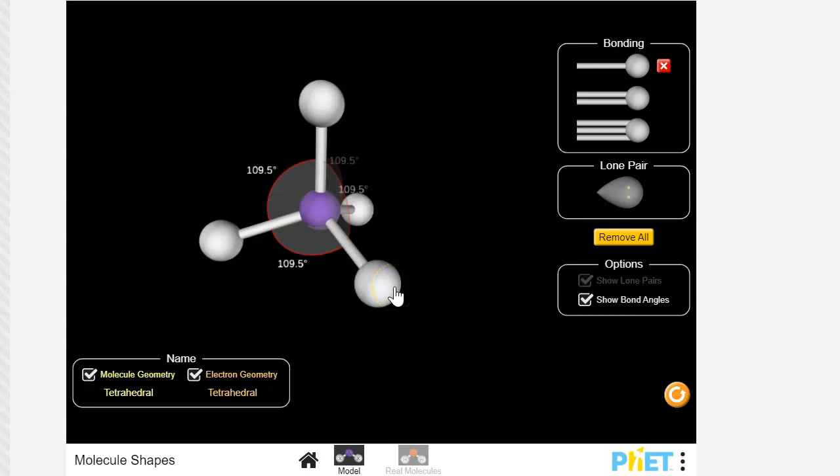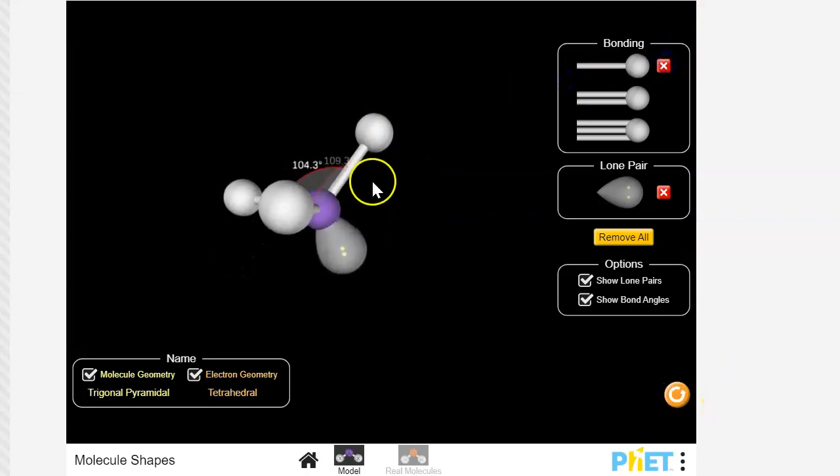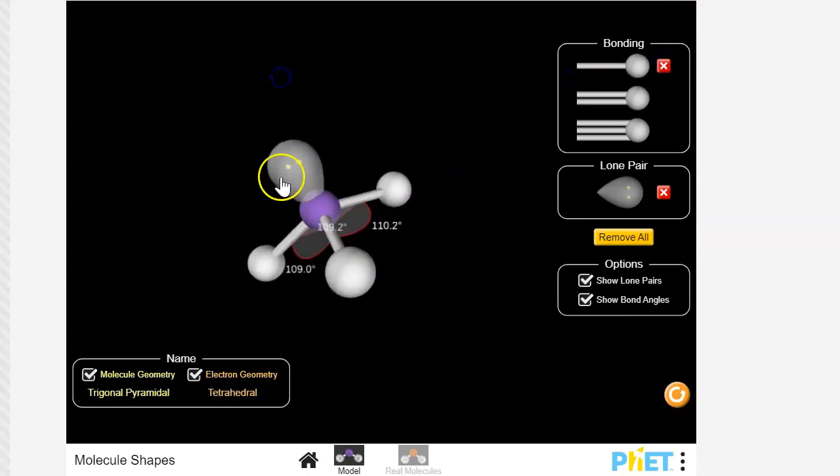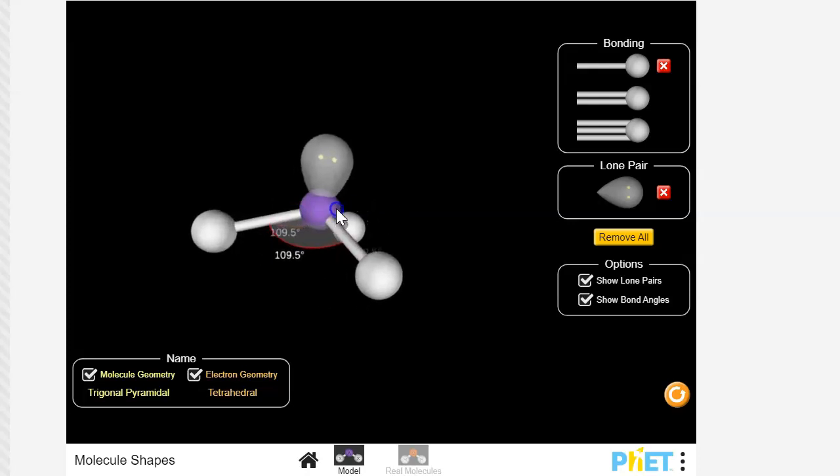And so we'll focus on how we would draw that. Now, if we replace one of these with a lone pair, so let me eliminate one of those. Same thing, so this is tetrahedral for the electron geometry, and you have generally one bond that would be in the same plane as that electron, and then one going in and one coming out towards you.